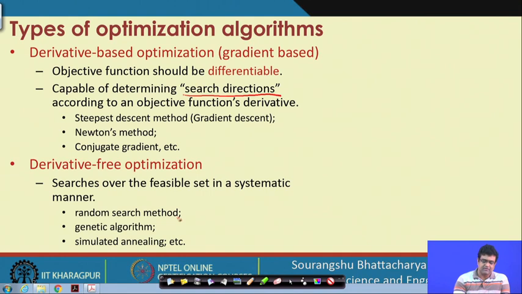Some of the methods include random search, genetic algorithm, simulated annealing, etc. As you can see, many of these algorithms actually try to find a global optimum rather than the local optimum. However, these are generally slower than the derivative based methods.